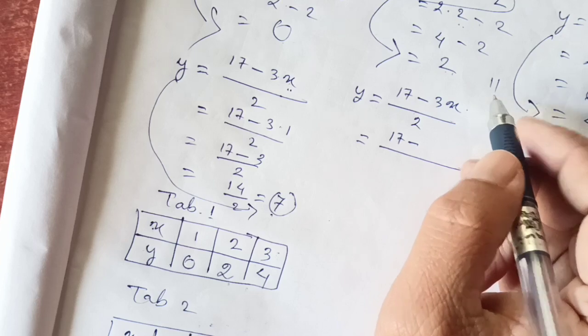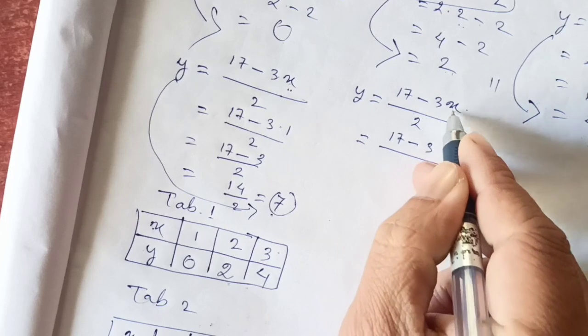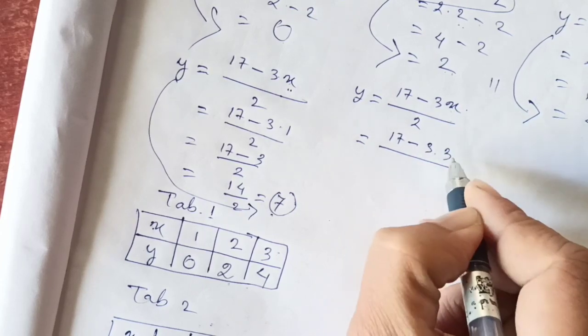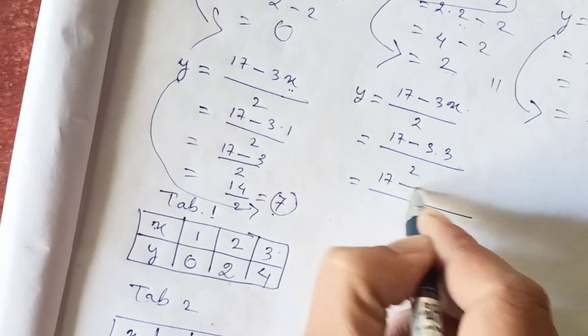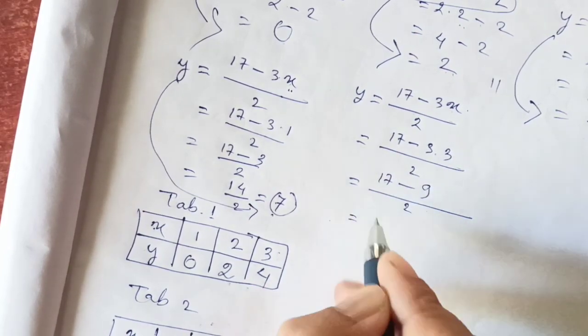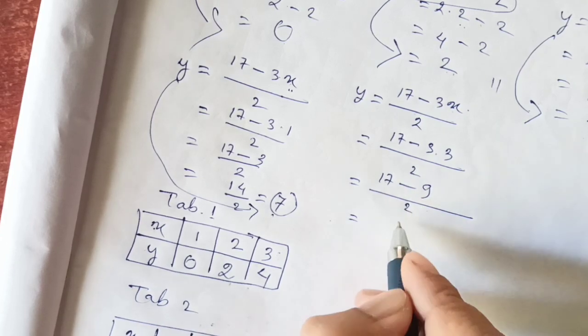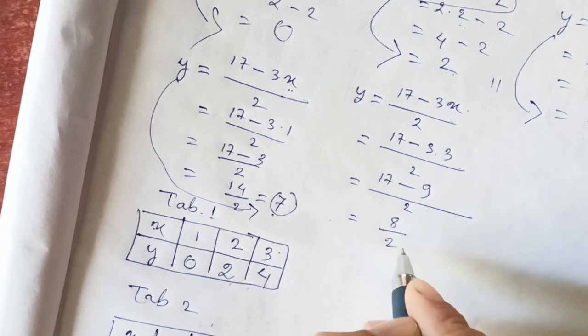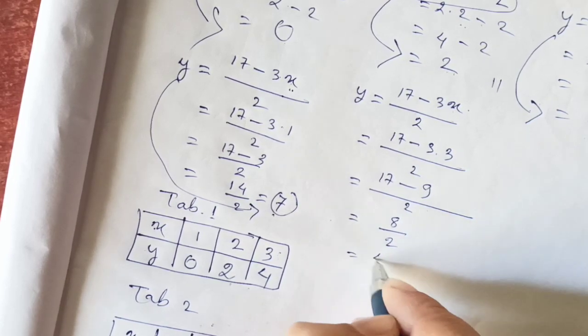So next, let us use 3. Okay, 3, I think we can use this one. Instead of x, let me take 3. Then 3 times 3 is 9, and downside is 2. That means 17 minus 9 is 8. We can take this one because 8 is an even number.